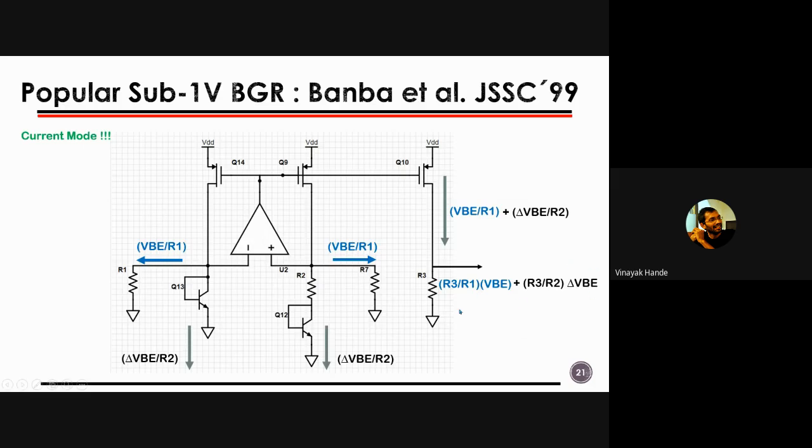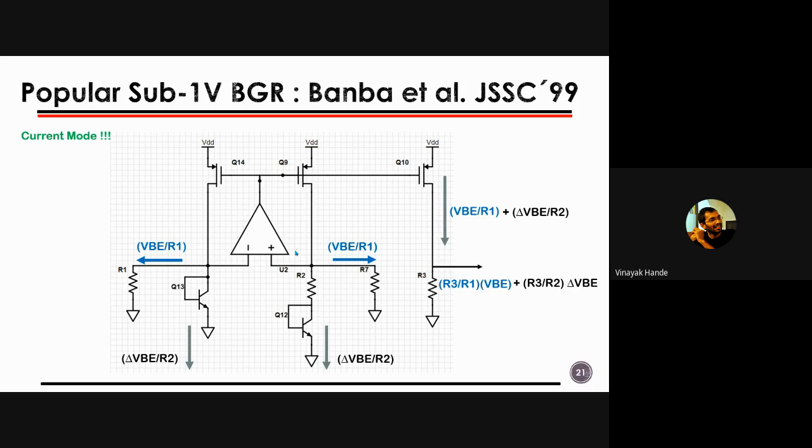Then it gets scaled by resistor values, and for that Banba used the current mode approach, where he converted delta VB, and also VB, into the form of current. Once VB as well as delta VB are in the form of current, we can do the scaling in terms of a resistor as well, which you can see in the circuit.